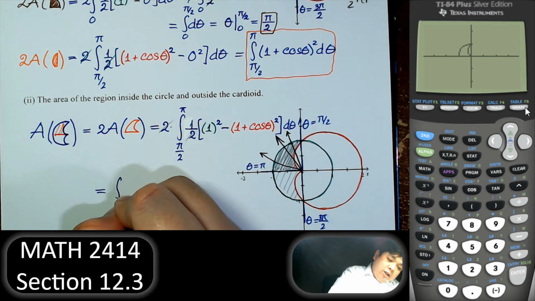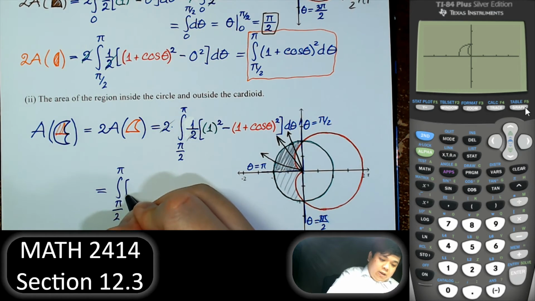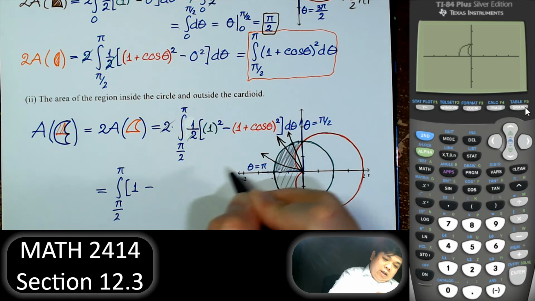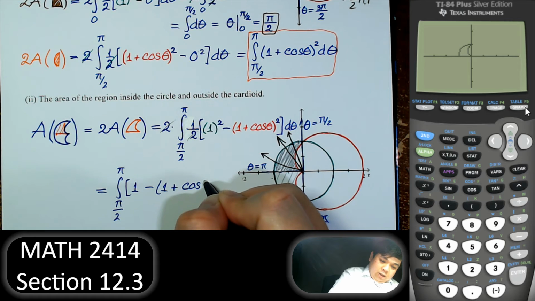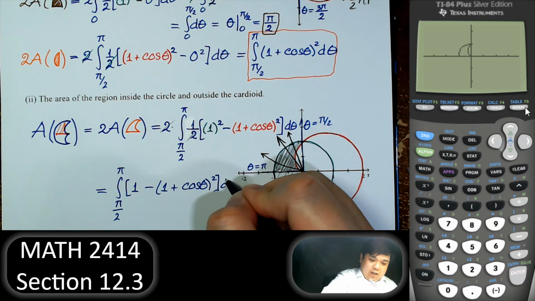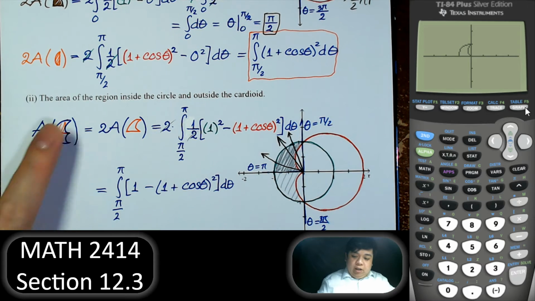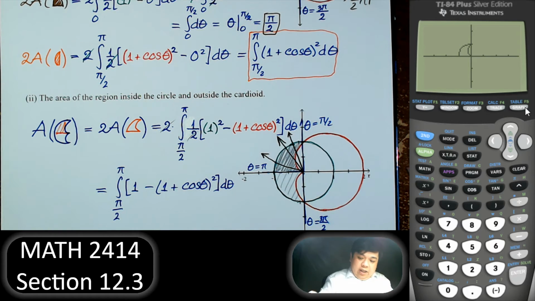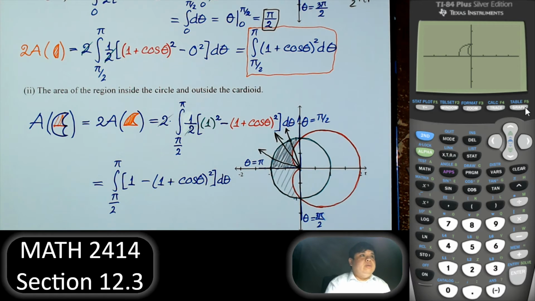Just have from pi over 2 to pi, and 1 minus 1 plus cosine squared d theta. And that we set up the area of the whole thing.